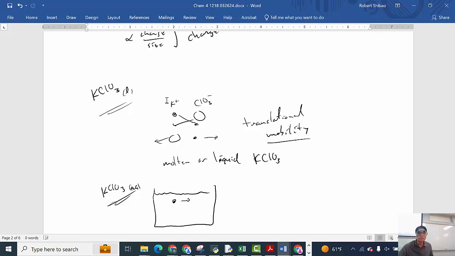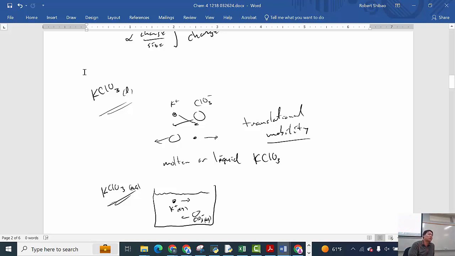So when you say that potassium chloride in its solid state is not a good electrolyte? If you define electrolyte as being a good conductor, yes, then it would be not a good electrolyte. But this brings up the confusion between the definition of electrolyte.